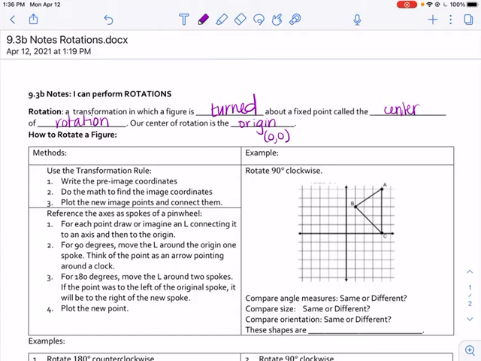So I'm going to do this second method, which is to reference the axes as spokes of a pinwheel. This is how I envision it. Maybe you didn't have the same experience as a child as I did, but I remember having these pinwheels. They basically have all these spokes, and when you blew on them, they turned.